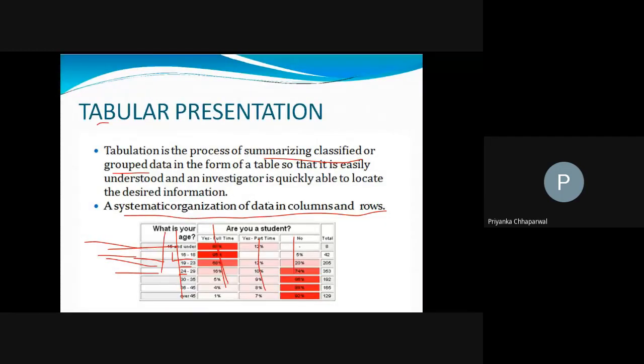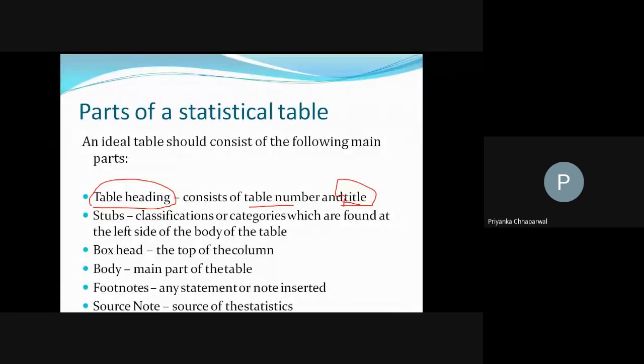Here you see the title is not there. In this example, I am not writing any title. When I am not writing the title, how should the title be? The title just defines your table, meaning it defines that in this table this kind of data can be found. From the table name we can understand that this type of data is there in this table. So always, what is included in the table heading? Table heading consists of the table number and the title of the table.